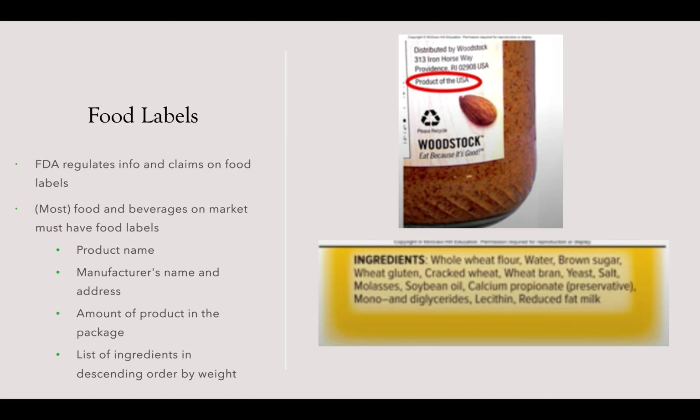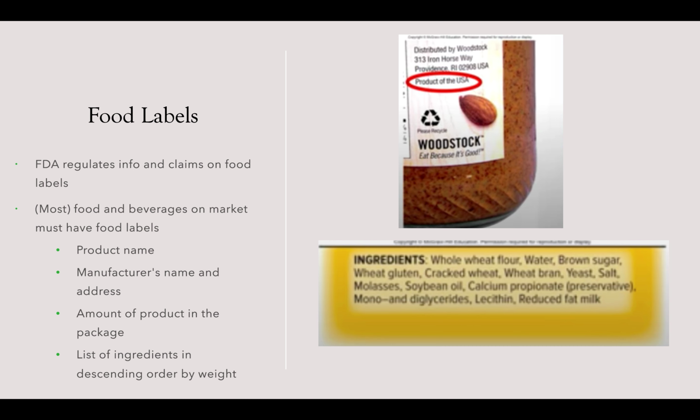Now, the Food and Drug Administration, or FDA for short, is the agency who regulates what type of information goes onto food labels. When shopping, you will see that most foods are labeled with the product's name, the manufacturer's name and address, how much food is in the package, and the list of ingredients in descending order by weight.